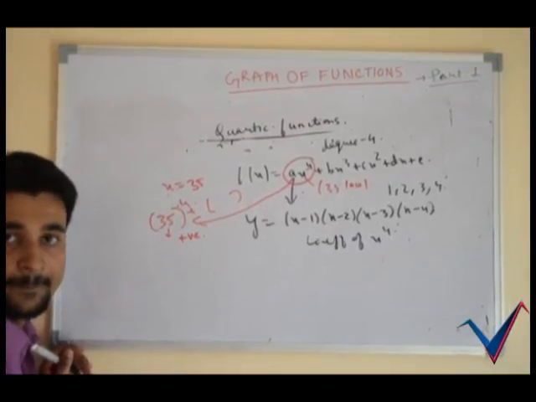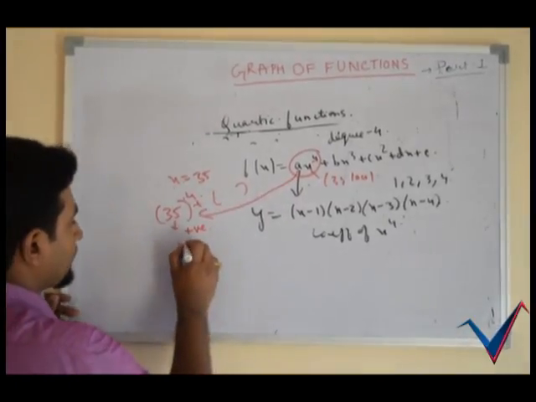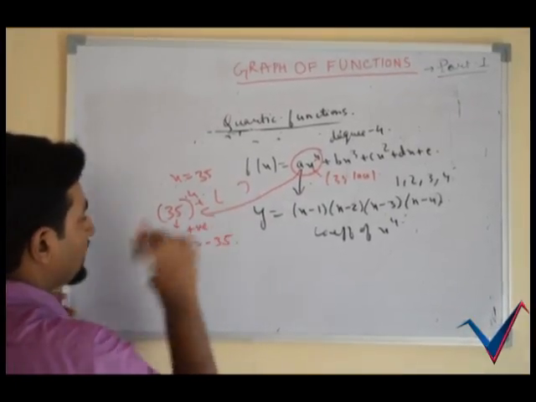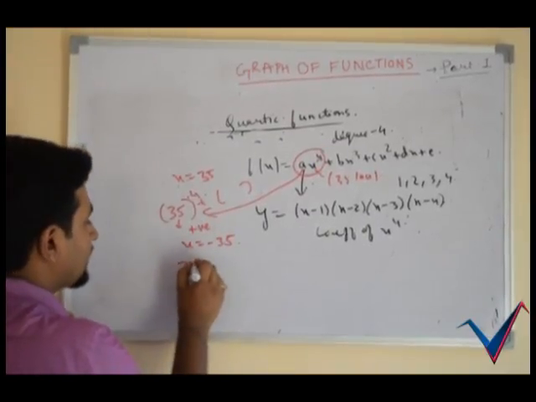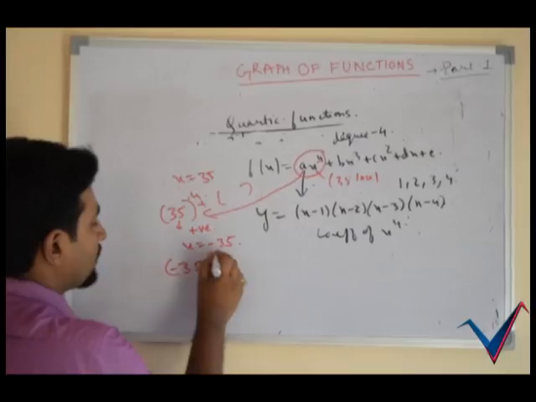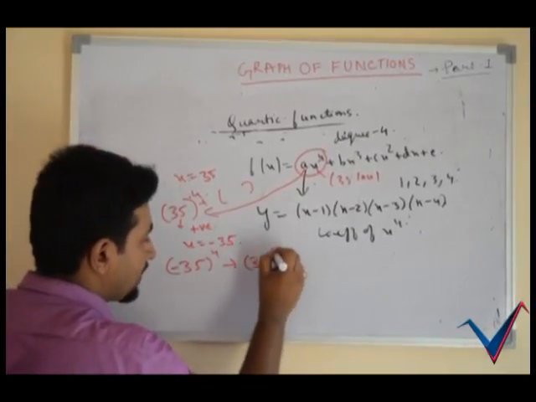Now suppose you take x equal to minus 35. What will be the sign of x to the power 4? It will simply become (minus 35) to the power 4. This will again come out to be 35 to the power 4.